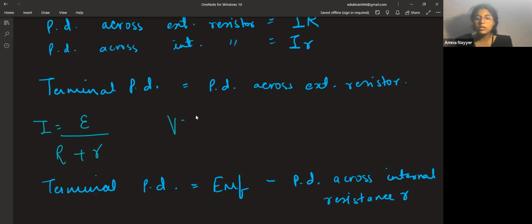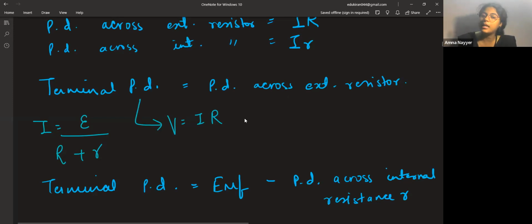So what is now the potential difference across the external resistor? Because now we are calculating the formula for terminal potential difference. Terminal potential difference is the potential difference across the external resistor. And what was the potential difference across the external resistor?